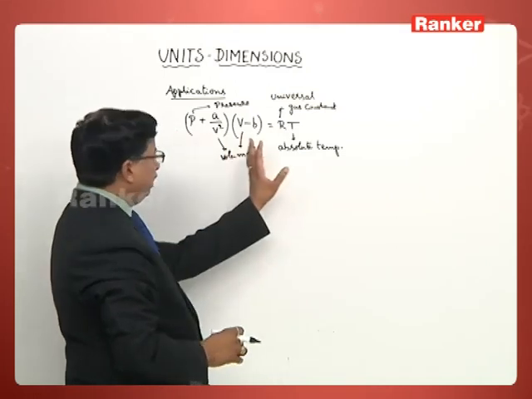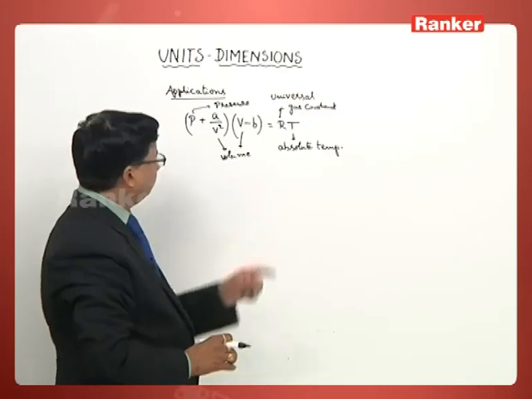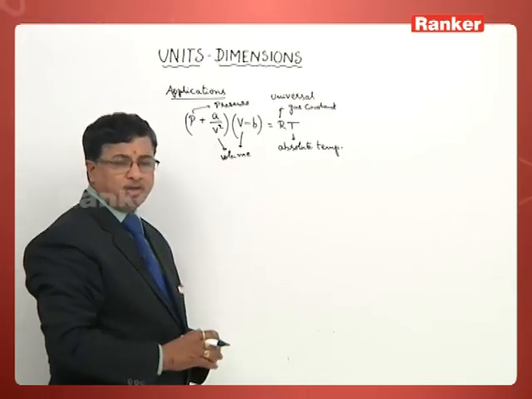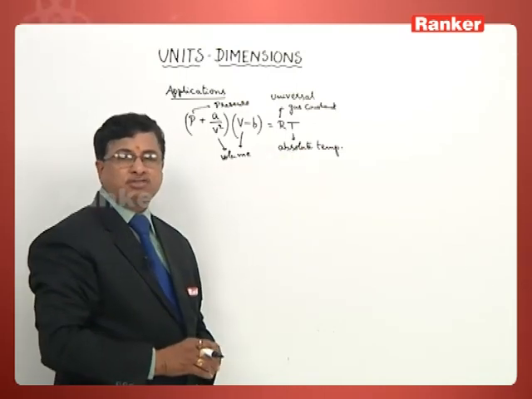So, in this given equation, P is pressure, V is volume, R is the universal gas constant here, and T is absolute temperature.